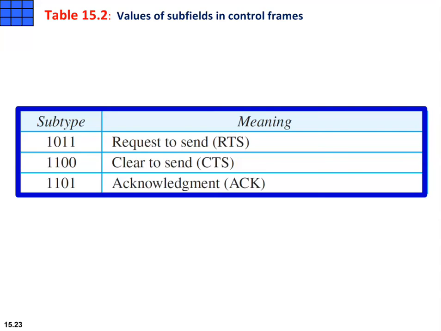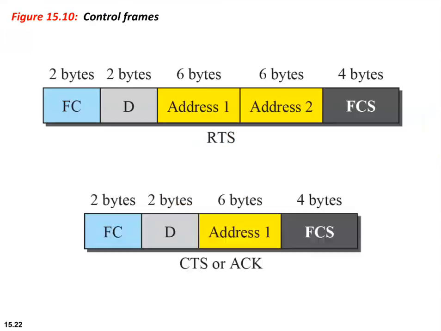These are the subtypes. So 1011 is request to send, that is RTS, a subtype in the control frame. 1100 is clear to send, 1101 is the acknowledgement.